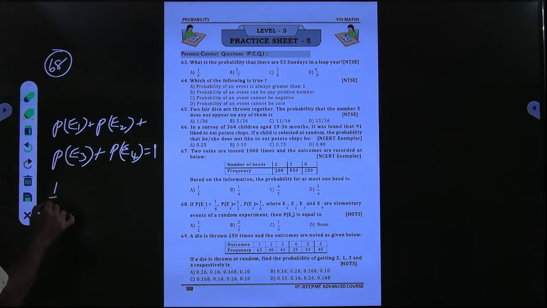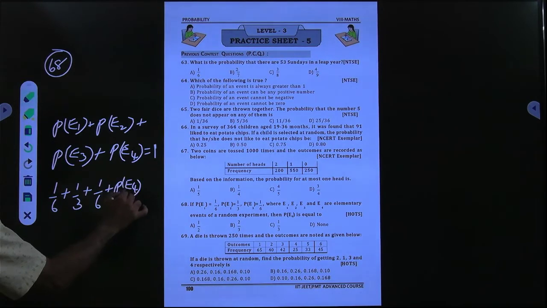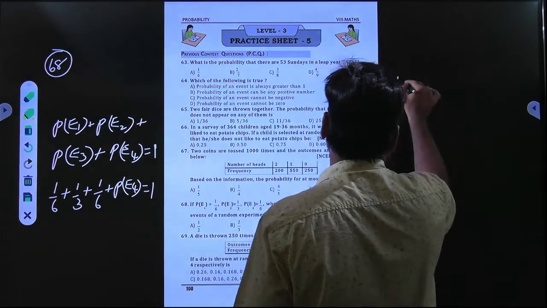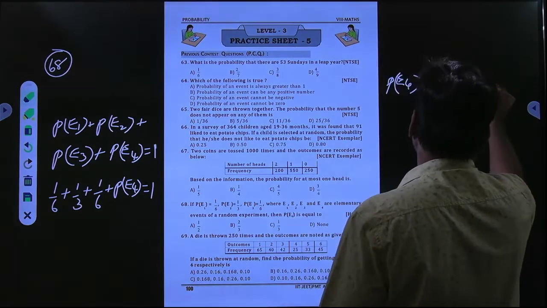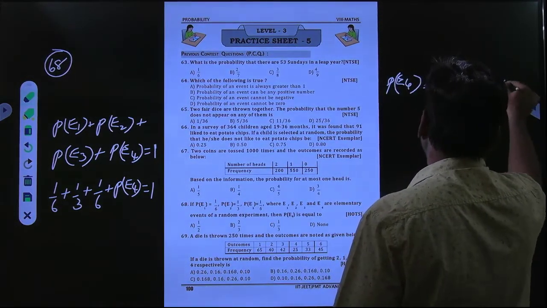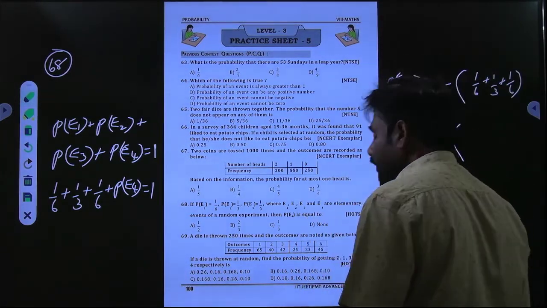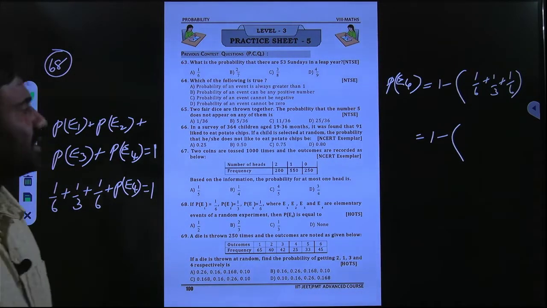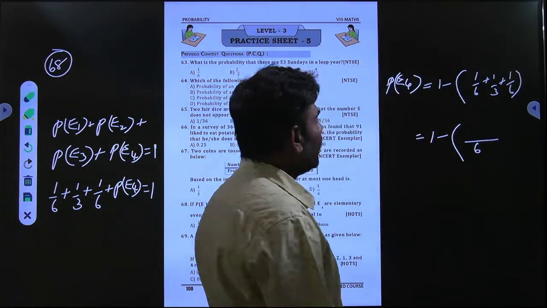1 by 6 plus 1 by 3 plus 1 by 6 plus P of E4 is equal to 1. So we get P of E4 is equal to 1 minus of 1 by 6 plus 1 by 3 plus 1 by 6. Let us simplify this by taking the LCM of the denominators of these fractions. 6 is the LCM here. 6 divides 6 one time, 1 into 1 is 1.